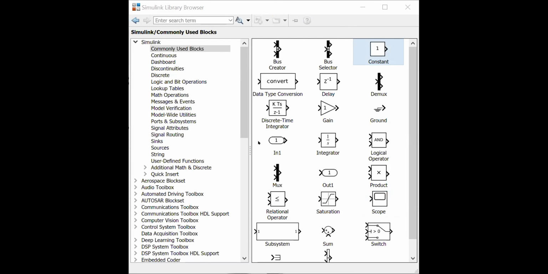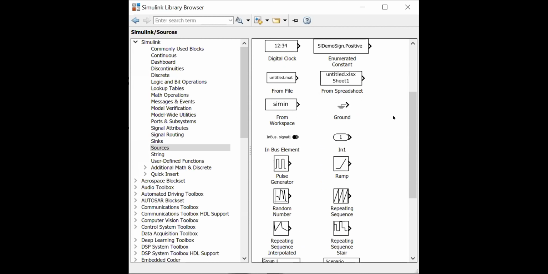And then what I want you to do is go to sources in the commonly used block. So you see sources, double click on sources, and then here you should be able to see white band. Let me see what other inputs you can have.